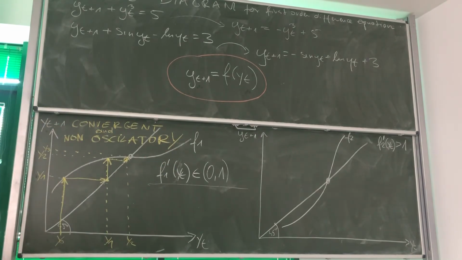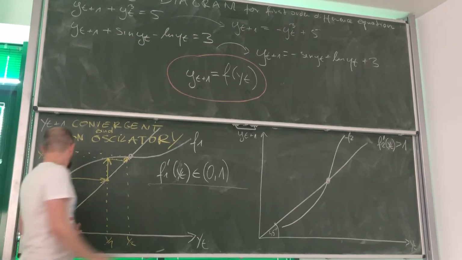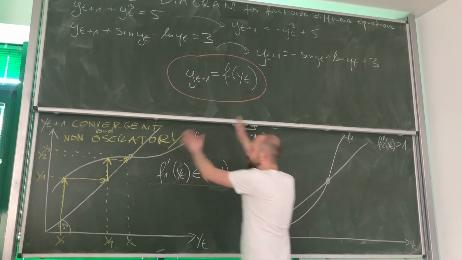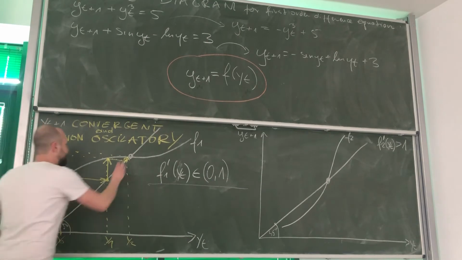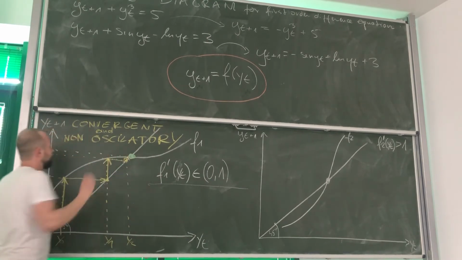Okay, so look, we see that regardless from which point we start, on this side of the equilibrium or on this side of the equilibrium, we will always end up in equilibrium.